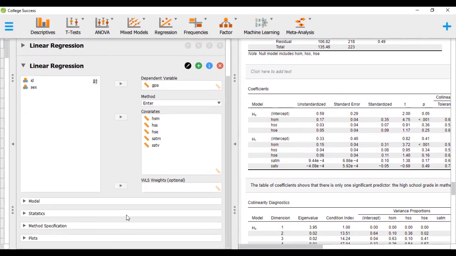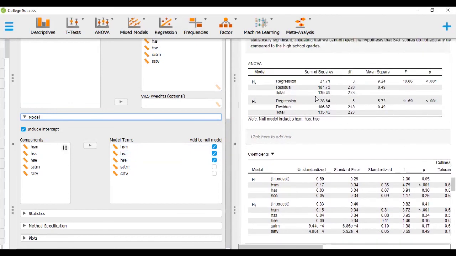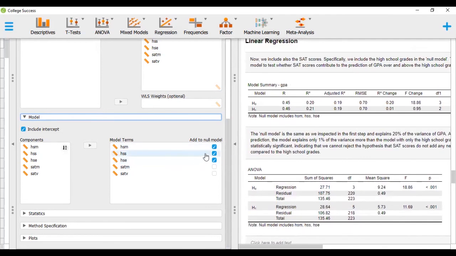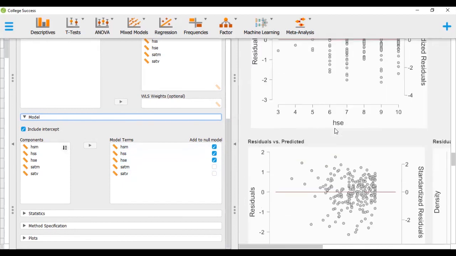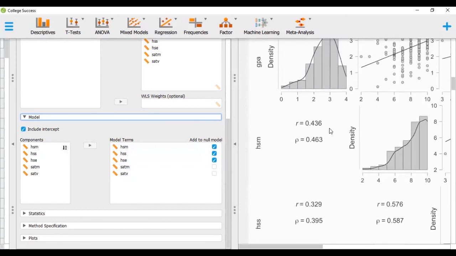Now, when you come to the model, you will be able to know how to add a variable to the model or the null model. We said that the high school grades were what we included in the model, and so by just checking it, we add them to the model. That is how you can control for a factor in whatever analysis you are doing. So this is multiple linear regression.